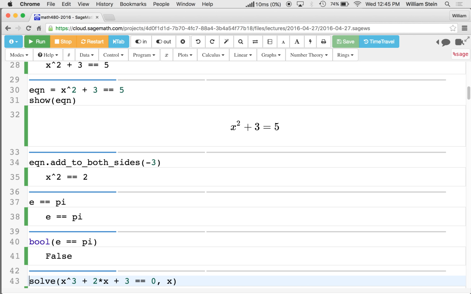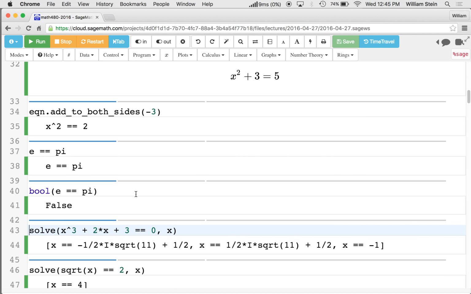So watch out for that. Sometimes there are expressions for which it's extremely difficult or impossible to tell whether they're equal, and so it can't tell you that. If I did pi equals pi, then it should say true.